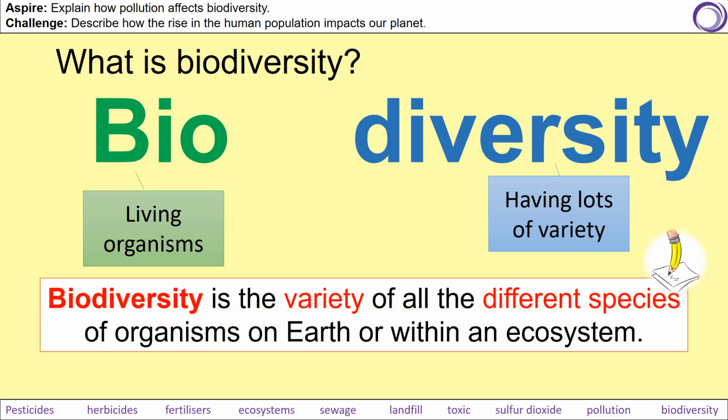So when we put the two words together, biodiversity simply means the variety of all the different species of organisms on Earth or within an ecosystem. And those different species can be species of plants, animals and microorganisms that all live together in an area. Biodiversity is fundamentally important in making sure that our planet thrives and survives.